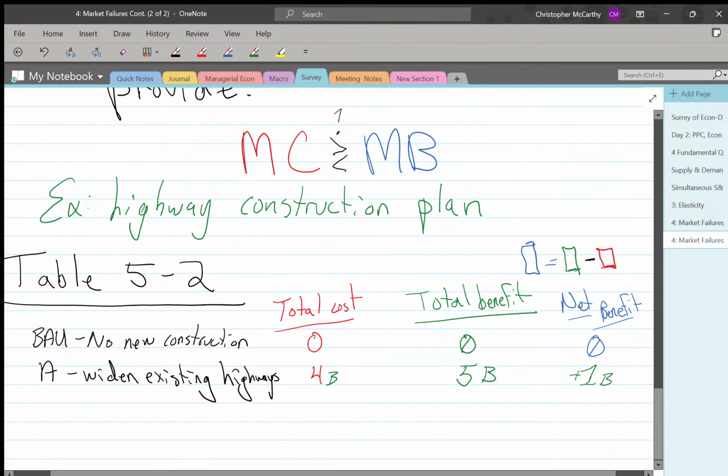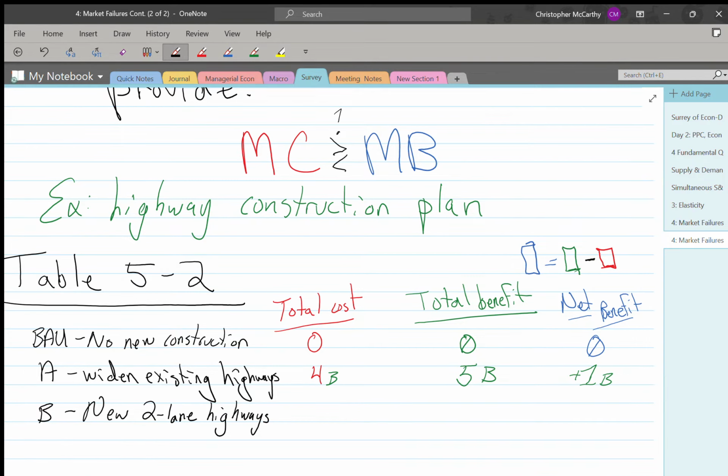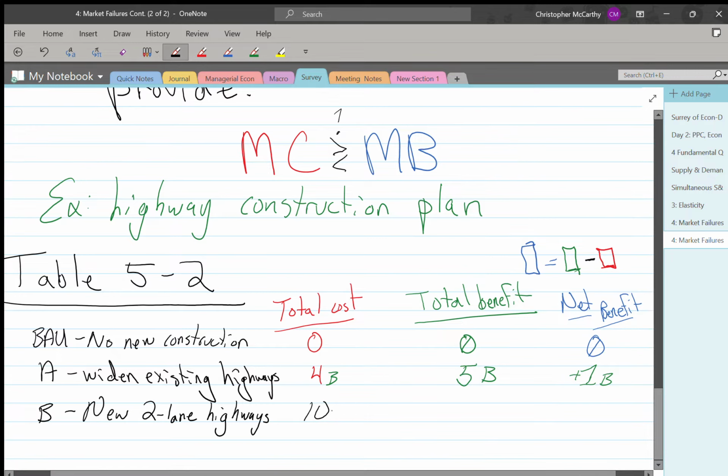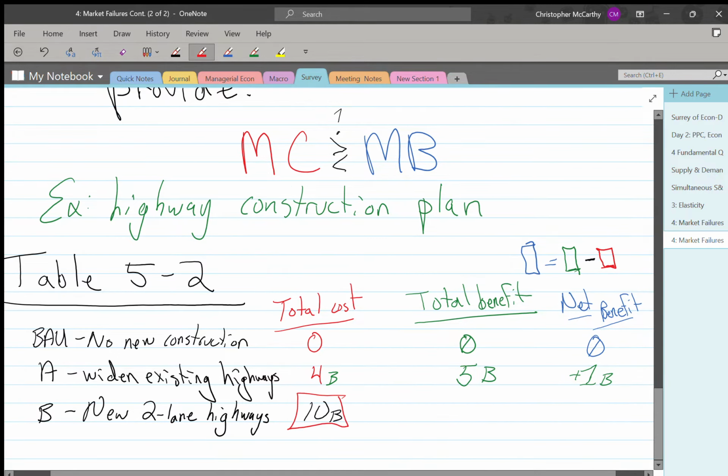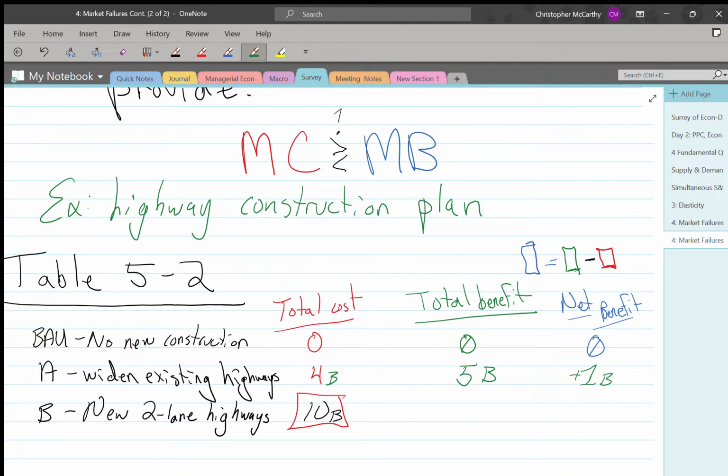So then we have another gradation here, right? We're told, okay, we also have option B. We can build new 2-lane highways. This is going to cost $10 billion in terms of the cost of it, and also just the foregone cost of production, the foregone production of private goods, and the loss of enjoyment therein.